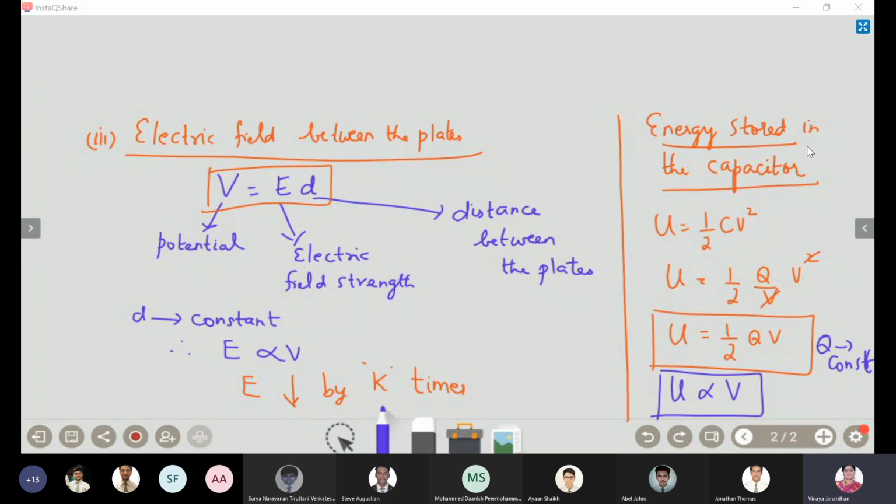The battery is still connected and you are introducing a dielectric slab. In the first question the battery was disconnected, and in the second the battery remains connected.